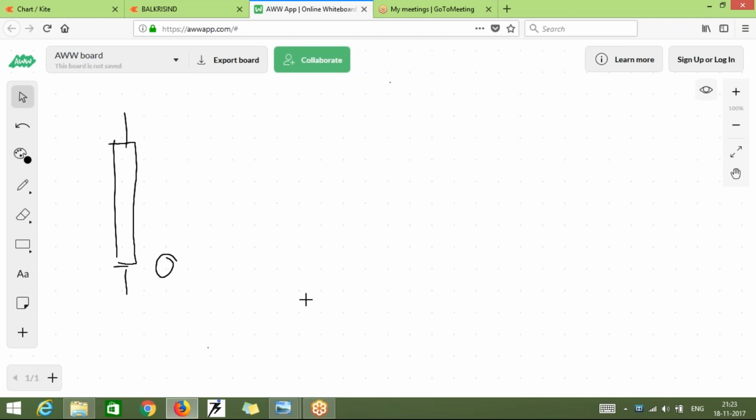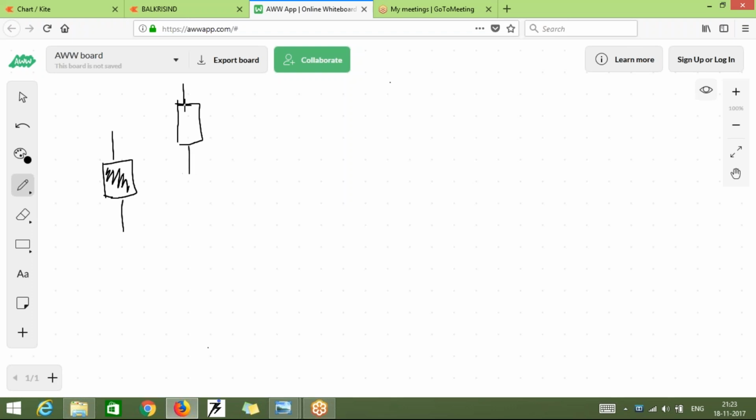How can we calculate the true range in that case? Suppose this is a candle, and please think this is a black or red candle, and this is another candle, a green candle. In this case, the true range would be the high of this candle and the close of the previous candle. This is the true range in case of gap up.